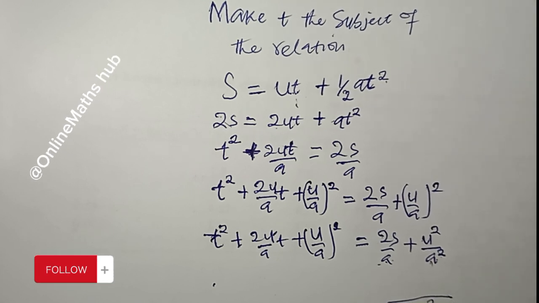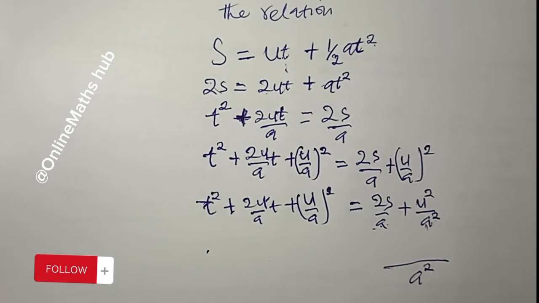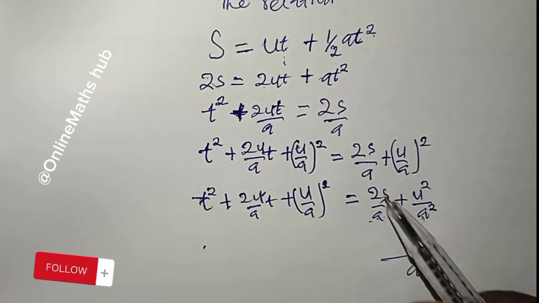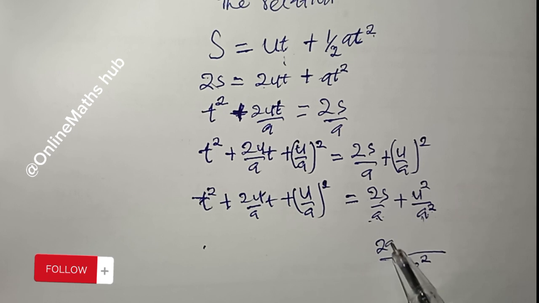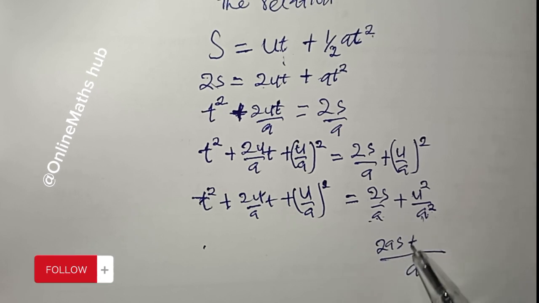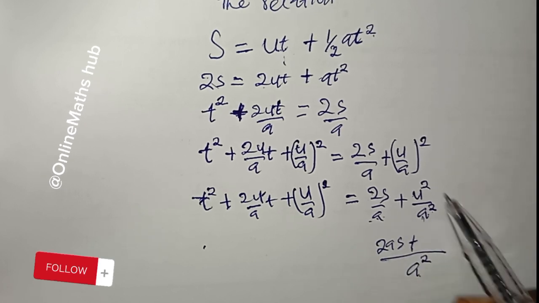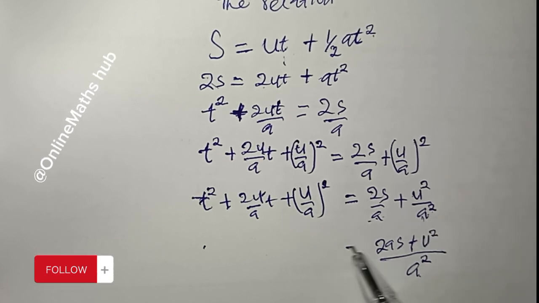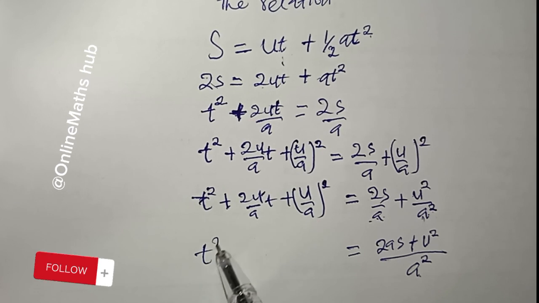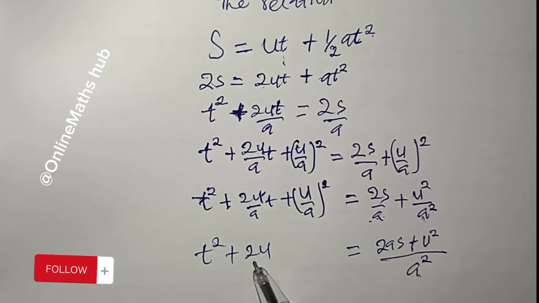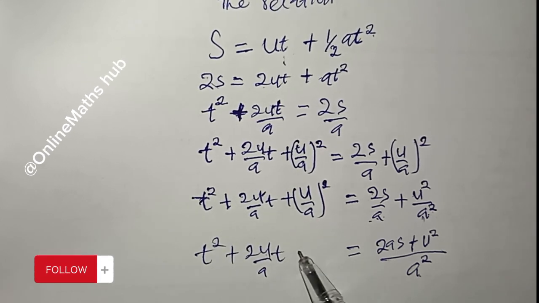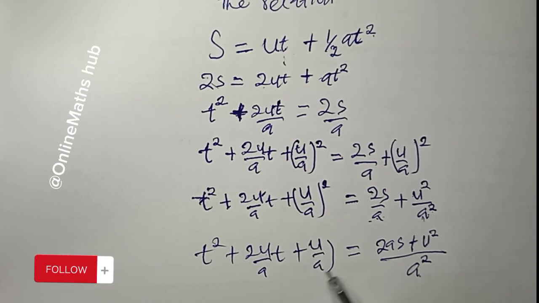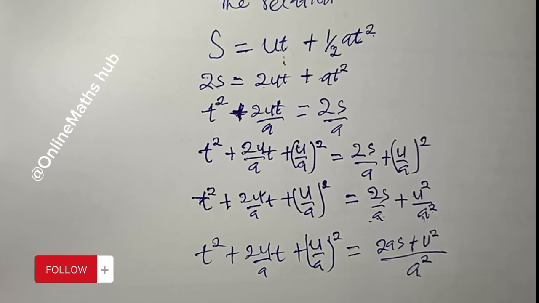So a squared divided by a will be left, a times 2s gives me 2as, and then a squared divided by a squared is 1, times u squared gives me u squared. I'm also going to keep the left hand side as it is, 2u over a multiplied by t, and then u over a all squared.